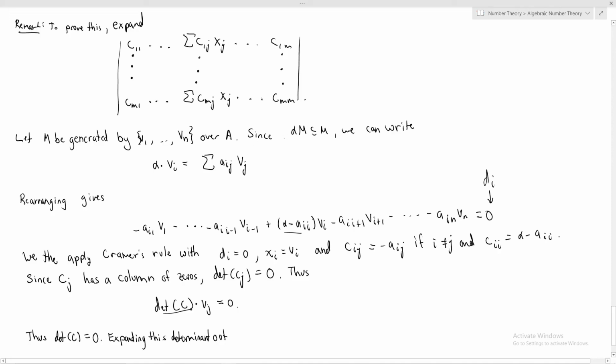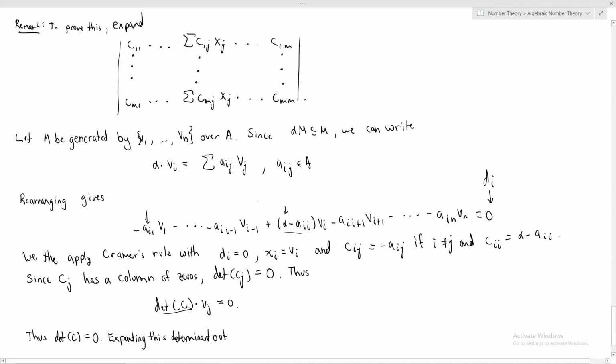Since these generated M over A, we can assume these a_ij's are elements of A. So the elements of this matrix C are either a_ij's, which are elements of A, or they're this alpha.